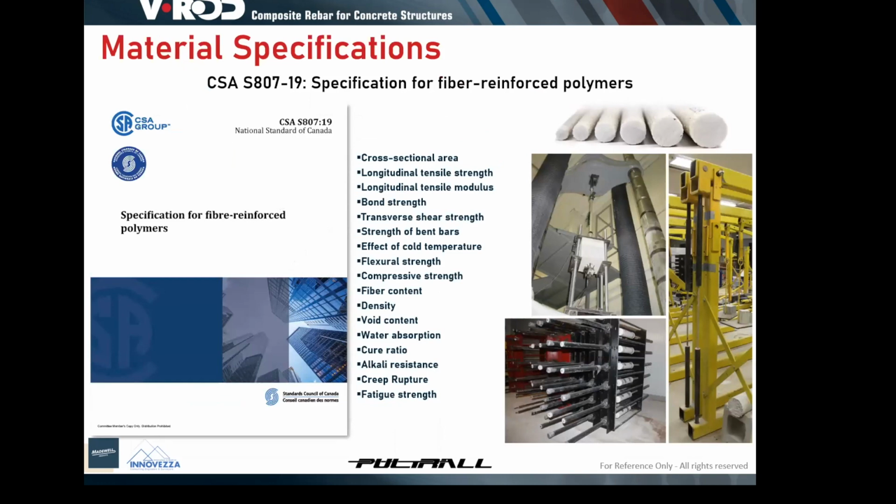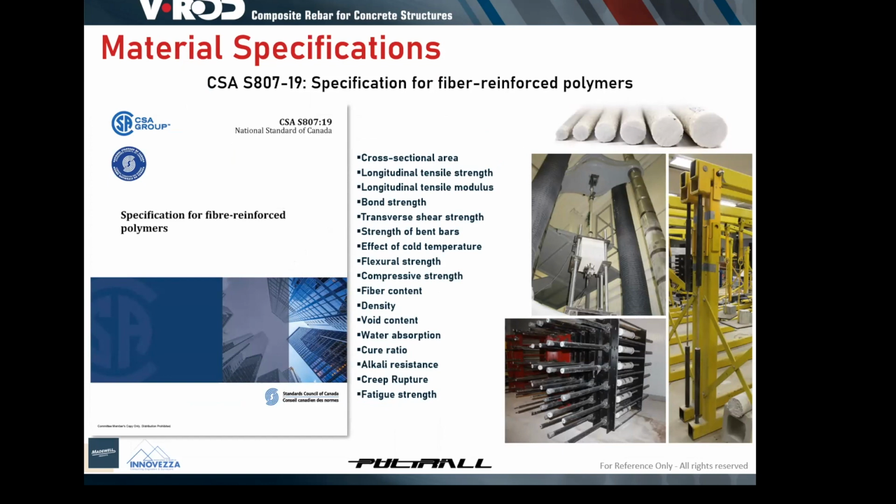For the specification, we have the CSA S807. The second edition is 2019, and this is a specification for fiber reinforced polymer bars. The importance of this document is that it carries the requirements for GFRP reinforcement to be used in construction, such as the minimum tensile strength, modulus, bond strength, shear strength, durability requirements, mechanical and physical requirements, and heat rupture strength.